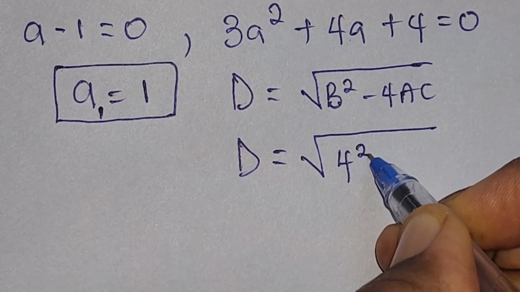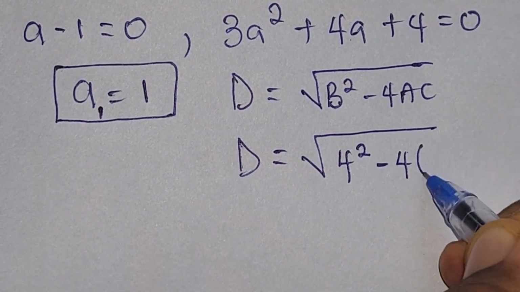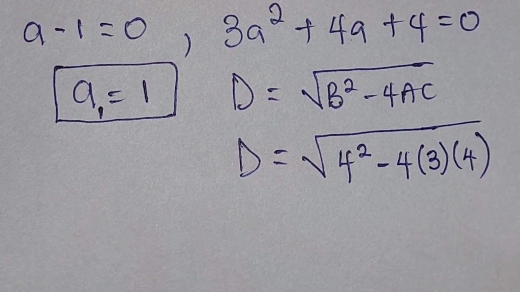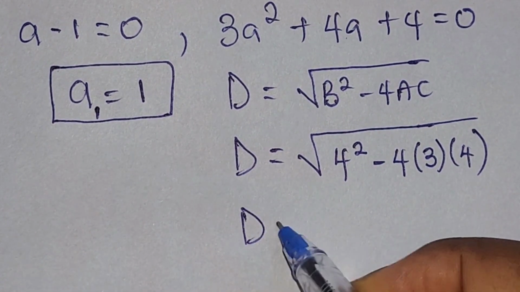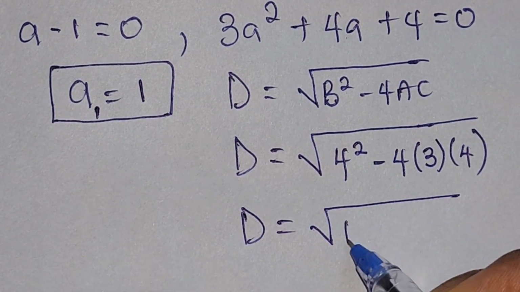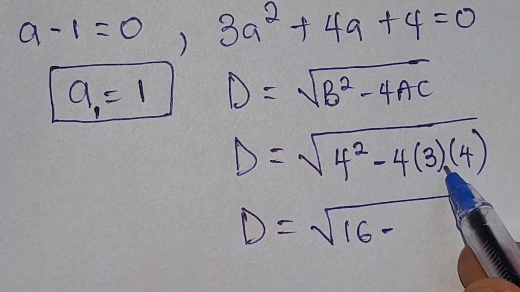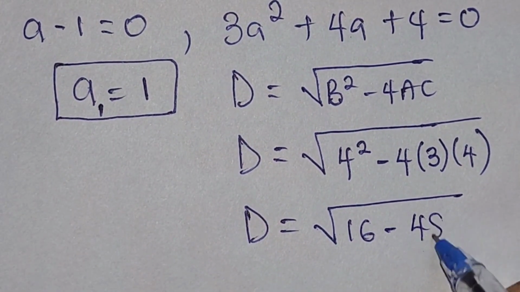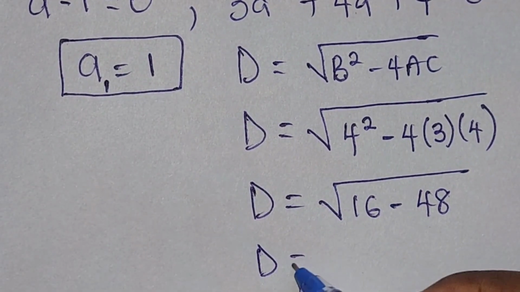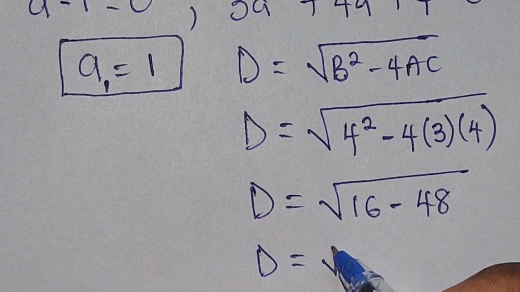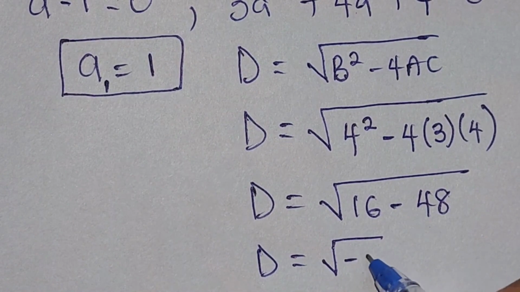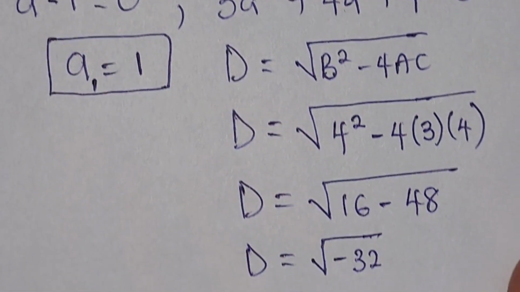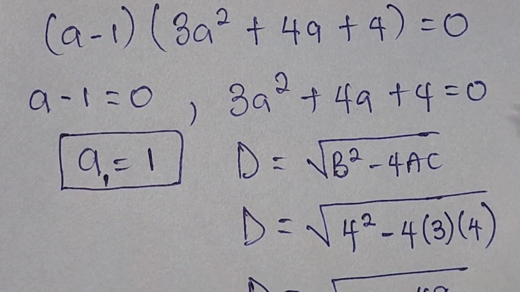So we have 4 to the power of 2 minus 4 times 3 times 4. So D is equal to the square root of 16 minus 48. So D is equal to the square root of minus 32. So we have a complex value here.